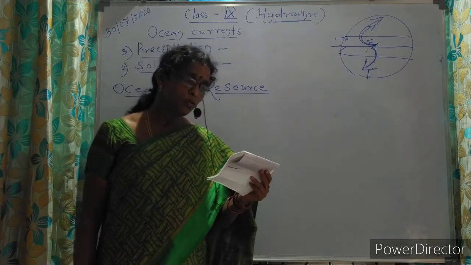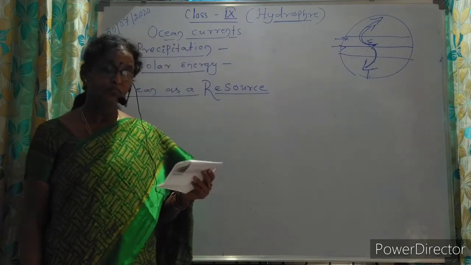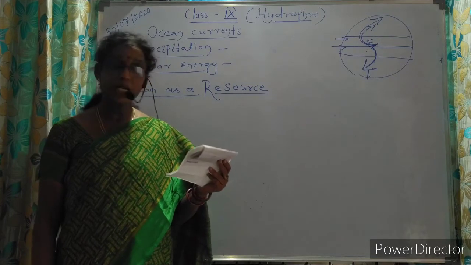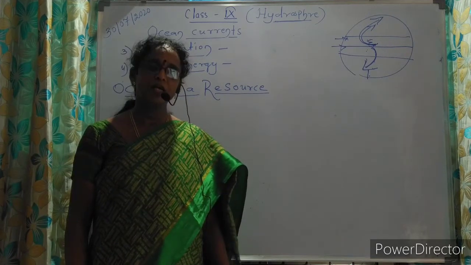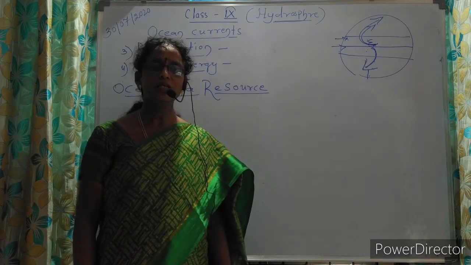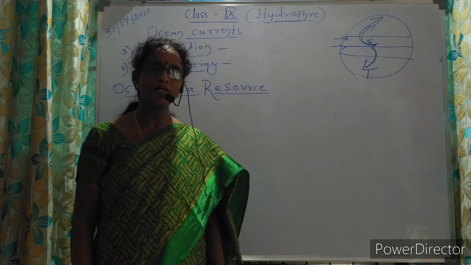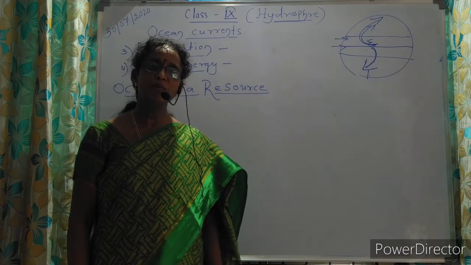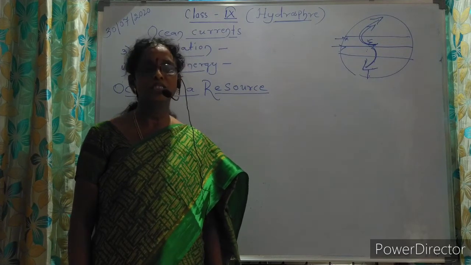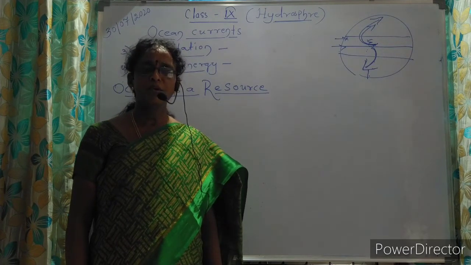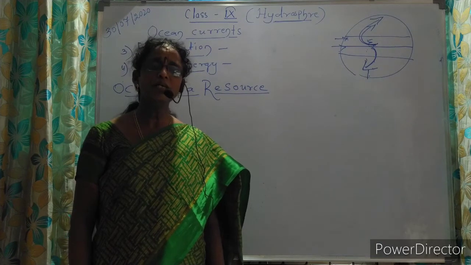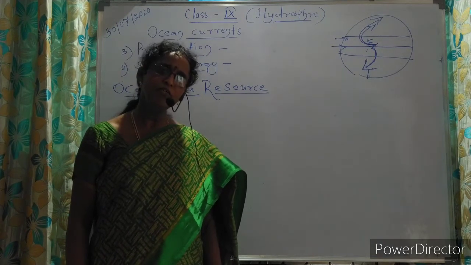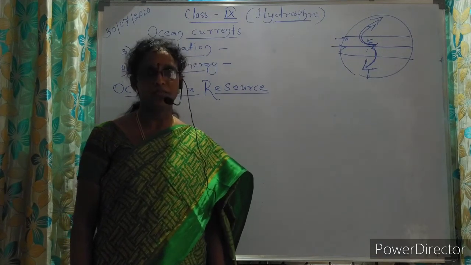The resources include food, fuel, energy, minerals, tourism, but unfortunately 88% of the ocean is polluted with plastic debris, which is affecting the ecosystem, and it is highly needed to save the environment, to save the oceans.